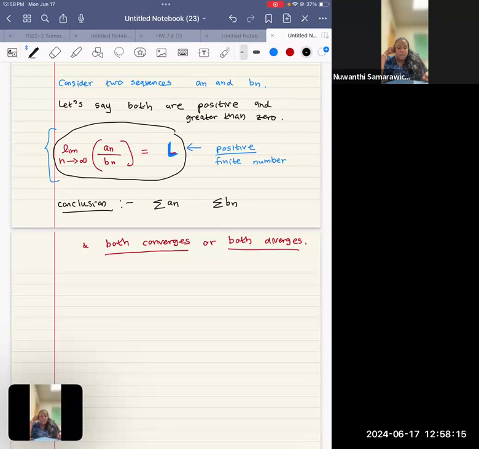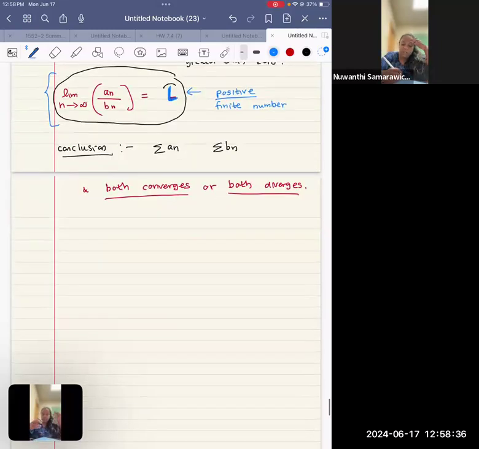When n approaches infinity, if you get a number... don't get confused by the divergence test, okay? Because we did the divergence test.